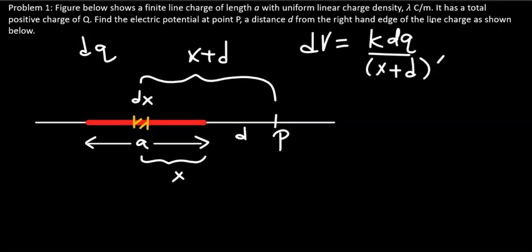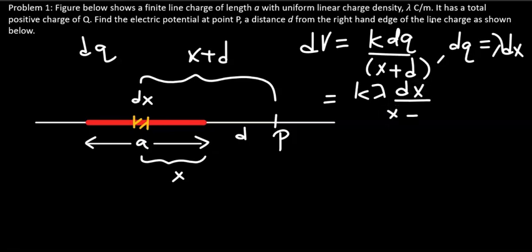We note that the amount of charge dq can be expressed in terms of dx as follows. It is quite simply the linear charge density times dx. So this will give you the amount of charge that is contained within that little element. So the potential created by that tiny element is quite simply k lambda dx over x plus d.